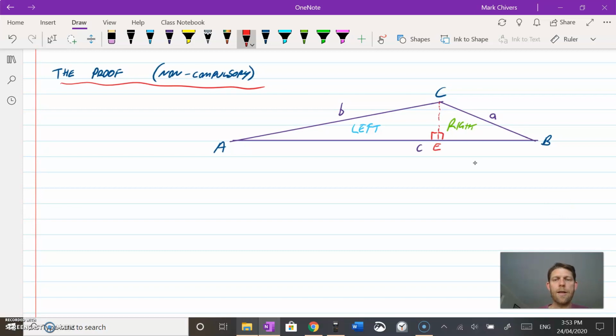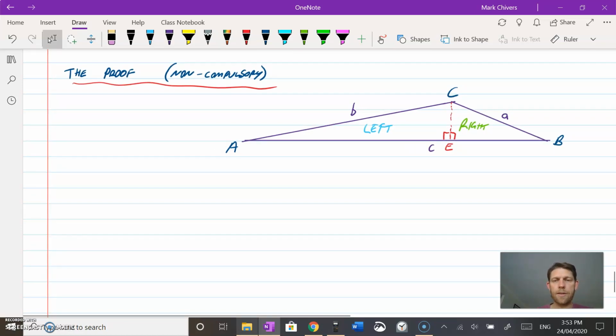Let's call the point where we've made that line E. So if I was going to find the length of CE in this left-hand triangle, obviously I've got a right-angled triangle there. I'd be interested in the length of CE, because we're using sine, we'll be interested in the hypotenuse and the opposite side.